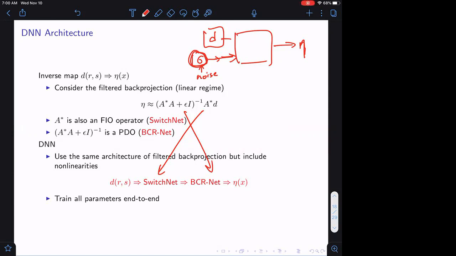I just don't know how to do that. It's not a satisfactory answer to your question, but I don't know how to. And also the amount of data that we have is usually quite limited compared to these more data-rich applications. So trying to extract the image prior from the data seems to be quite challenging.